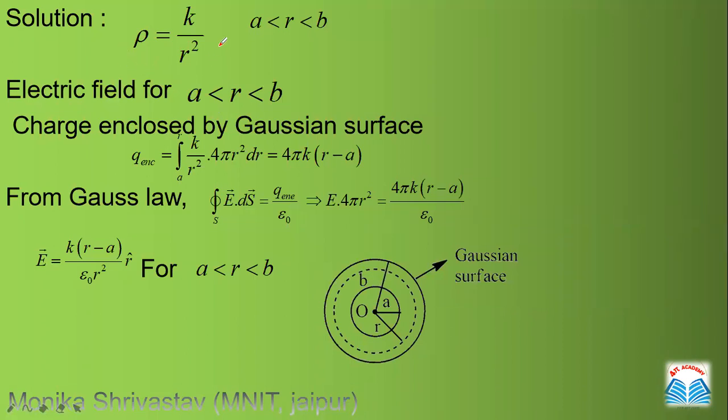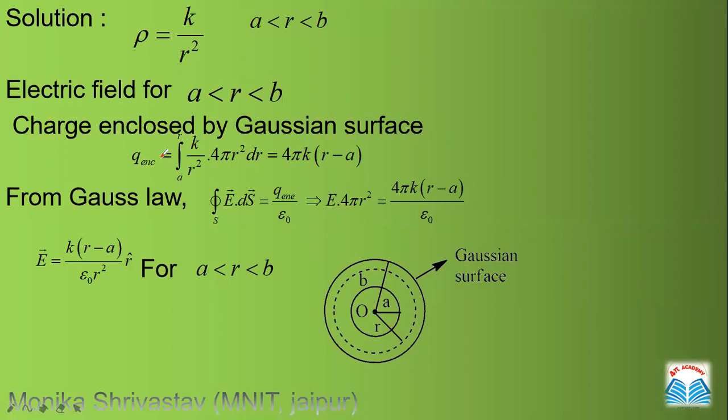We have given this rho as k upon r square and we have given the region. The region is specified, the r is greater than small a and less than small b. So this is our Gaussian surface, where r is greater than a and smaller than b. So we will do our work only in this region. We will apply Gauss law. Charge enclosed by the Gaussian surface.